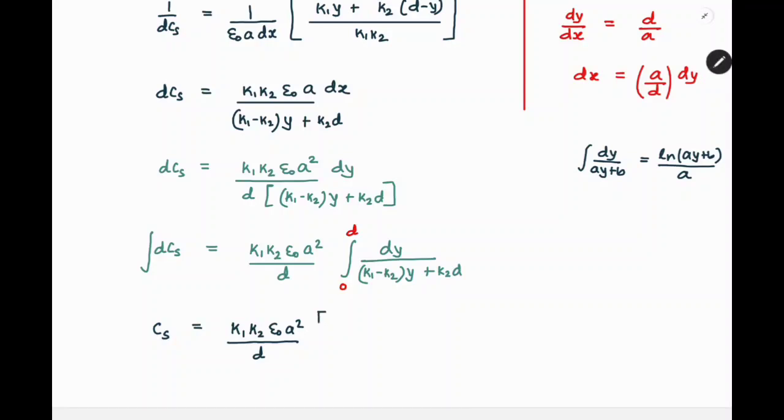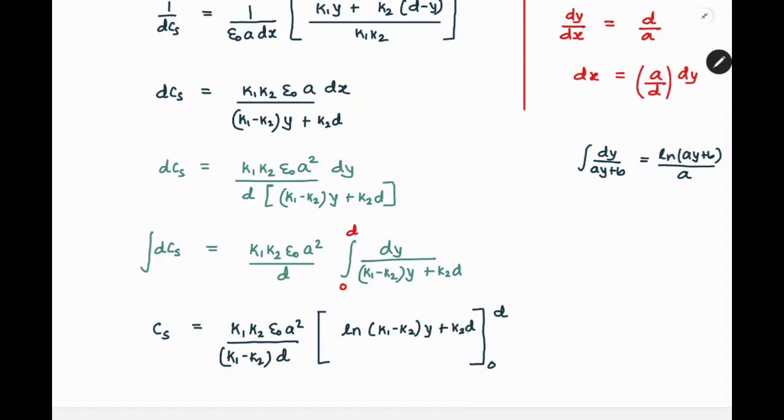Now if I write it in this format, ln of k1 minus k2y plus k2d, and keep in mind we will apply upper limit and lower limit, so 0 to d, and the coefficient of y, which is k1 minus k2, must be divided, so we divide by k1 minus k2. The expression is going to look like this. If I put the upper limit d, k1d minus k2d plus k2d, so k2d cancels out and we are only left with k1d, and when we put 0 we are only left with k2d.